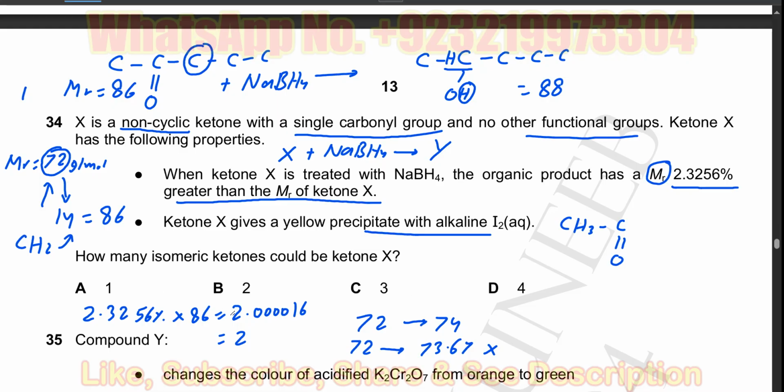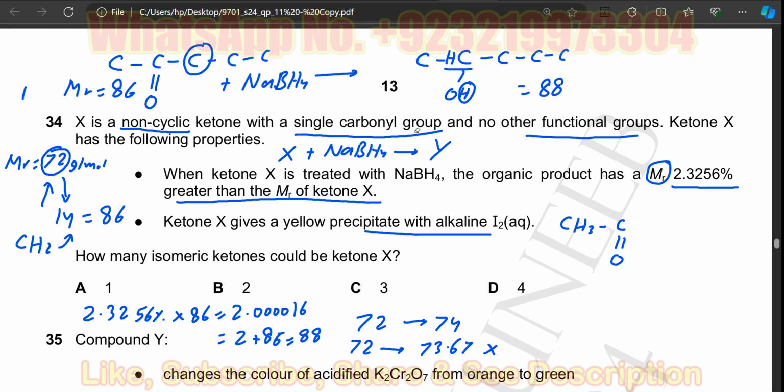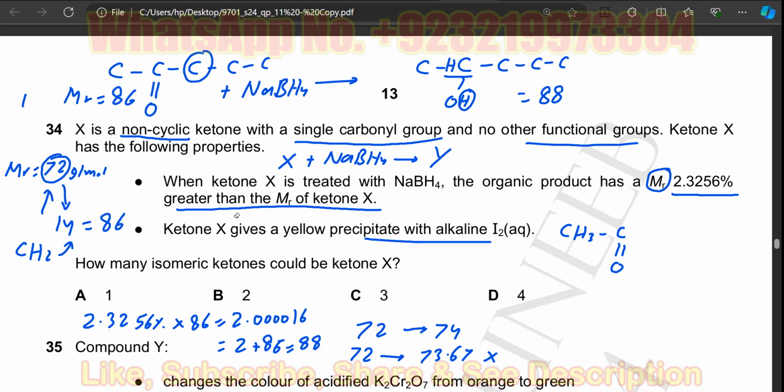So 86 plus 2 will give you 88, and that's the right answer, 88. So yes, the change of 2.32% is there when the original ketone had this structure.